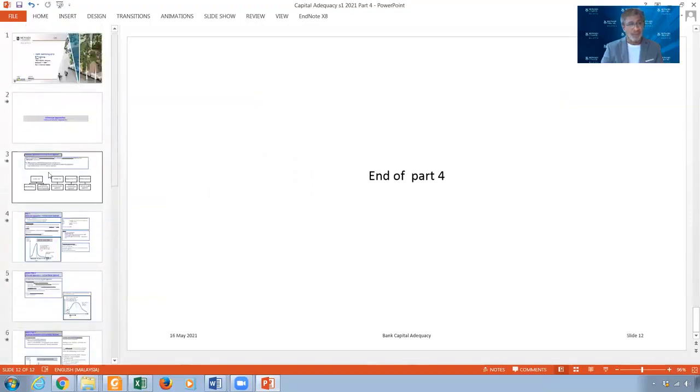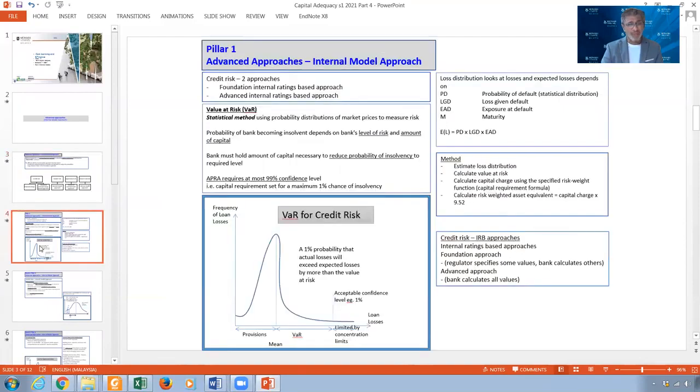I don't want you to worry a lot about Part 4 because I don't intend to cover it extensively, maybe in the future. But this time, I really want you to know that if you are departing from the standardized model, which we discussed in Part 3, you can use the VaR to calculate all those risks, integrate them, calculate the risk matrix, then calculate the capital charge for all those risks, and then transfer it to risk-weighted assets by multiplying by 9.52.